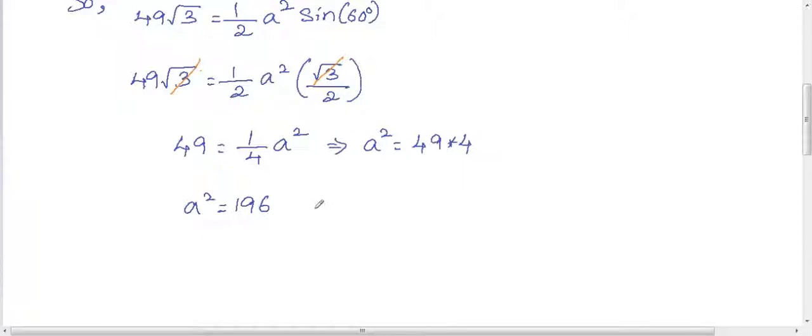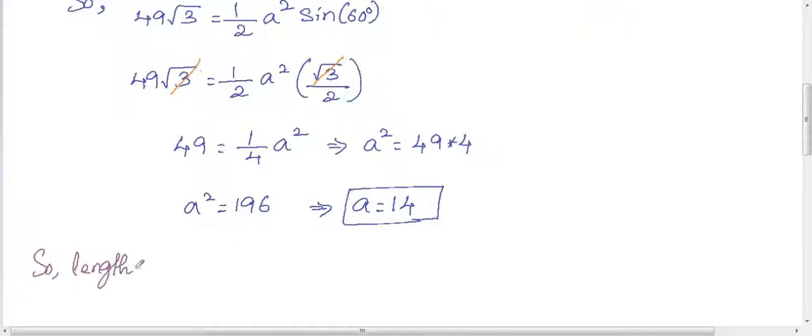A square is equal to 196, and the value of A is 14 centimeters. So A is nothing but the side length of the equilateral triangle. So the side length of the equilateral triangle is 14 centimeters.